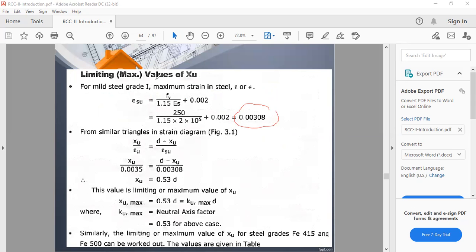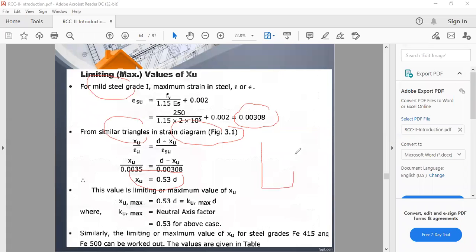Now for this mild steel, if you calculate with the help of similar triangles, as you have seen in the earlier diagram, xu divided by epsilon cu and d minus xu by epsilon su, you will get 0.53 d, that is 0.53 times d. Now what is d here? d is the effective depth.